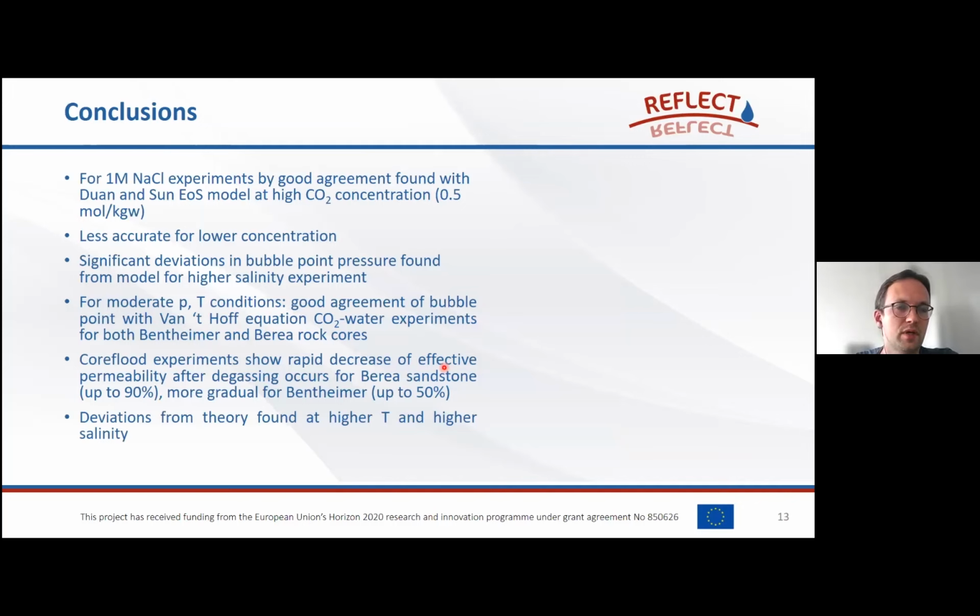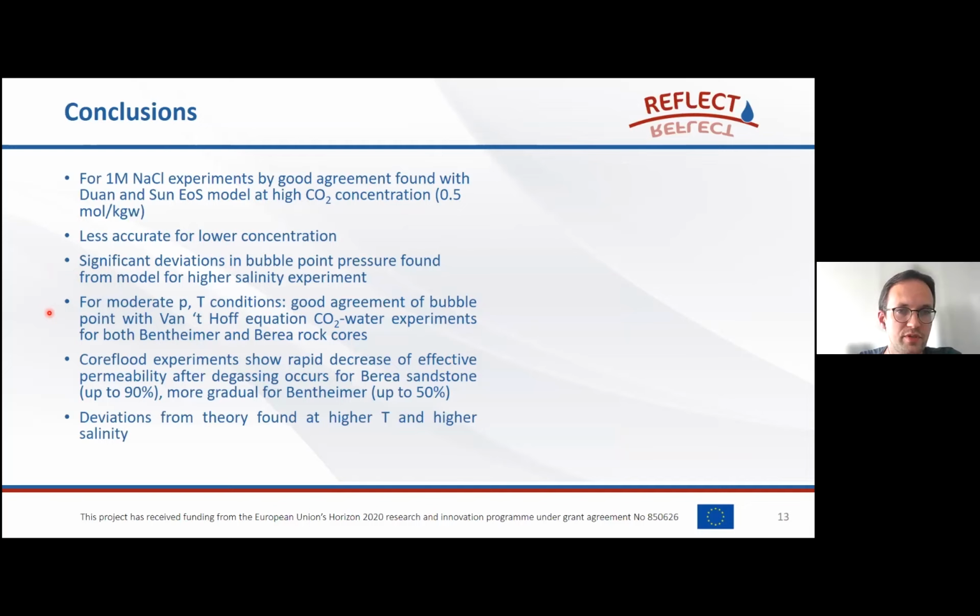So that brings me to our conclusions. For the visual cell, we found decent agreement for the higher concentrations with the Duan and Sun equation of state model, but not so much for the lower concentrations. And for the high salinity experiment, we find even higher deviations from the model.